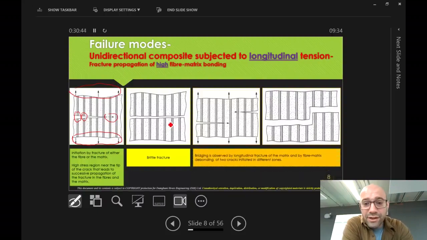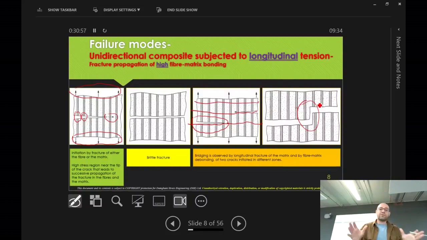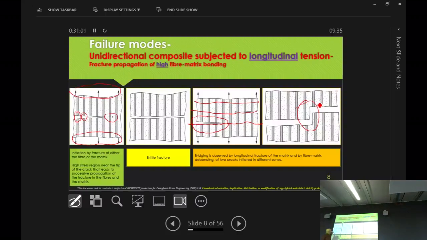And it is also possible that you might get these fracture phenomena at different planes, at this plane, for example, and at this plane, or you could get it at that plane. And these planes get joined up. We call it bridging effect. So these are the three phenomena. So let's start with that. The fracture of fibers and the matrix, crack forms, propagates, very brittle, one plane.